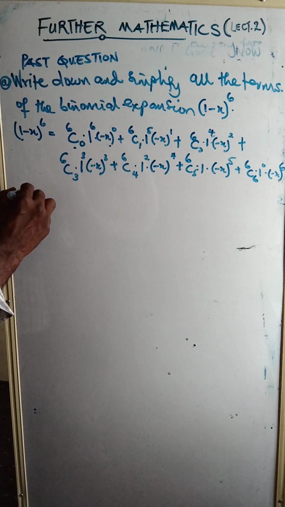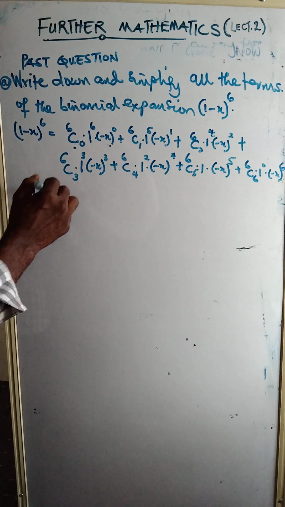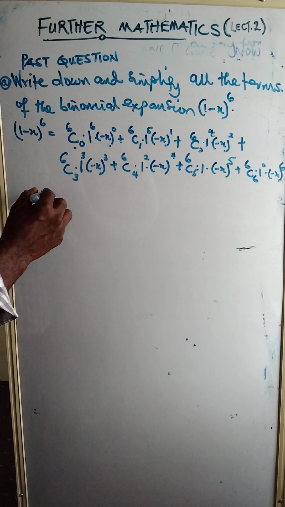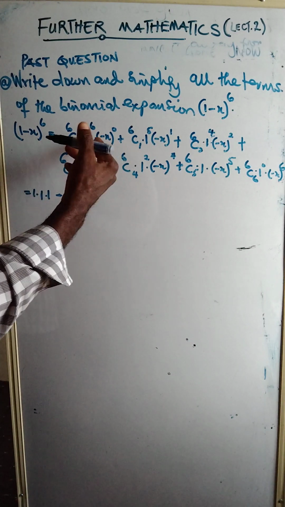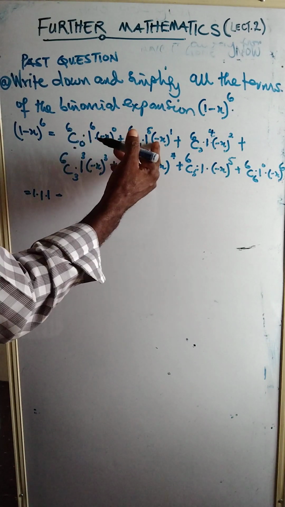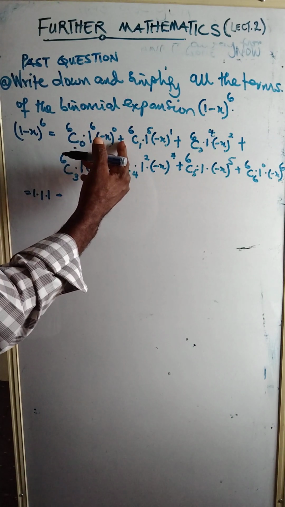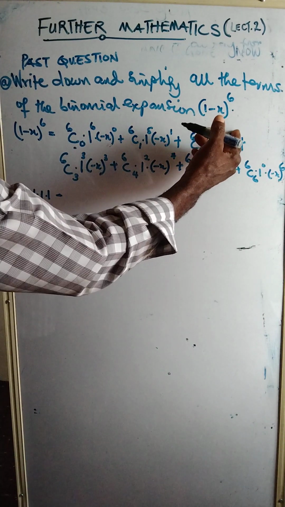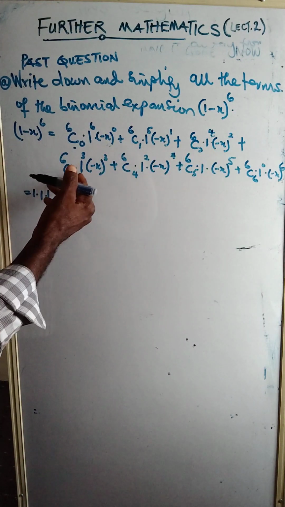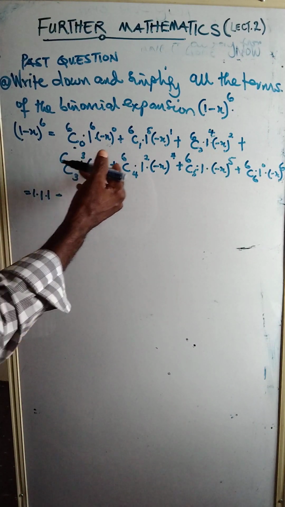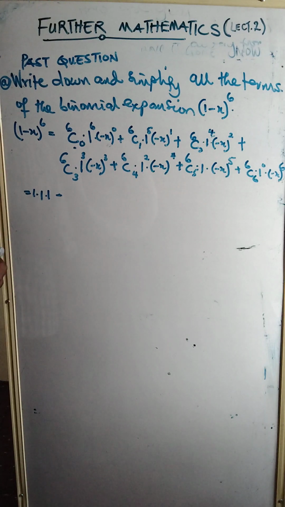So the result is equal to 1 times 1, because 1 raised to power 6 is 1. The first term is positive; because of the minus, the second one is going to be negative. The power here is even, so the next term is positive, and then this one is odd, so it's going to be negative, in that order of alternation.